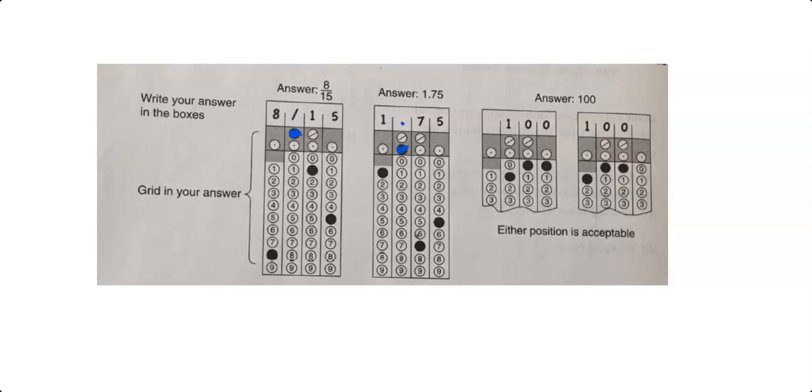For answers that don't fill up all the boxes, for example the number 100, it doesn't matter where you start writing. You could start in the second box or in the first box, as long as those numbers are all together. Either position is acceptable.